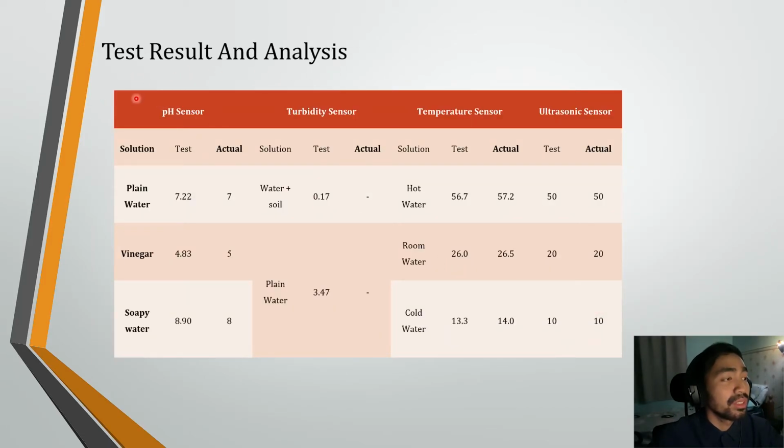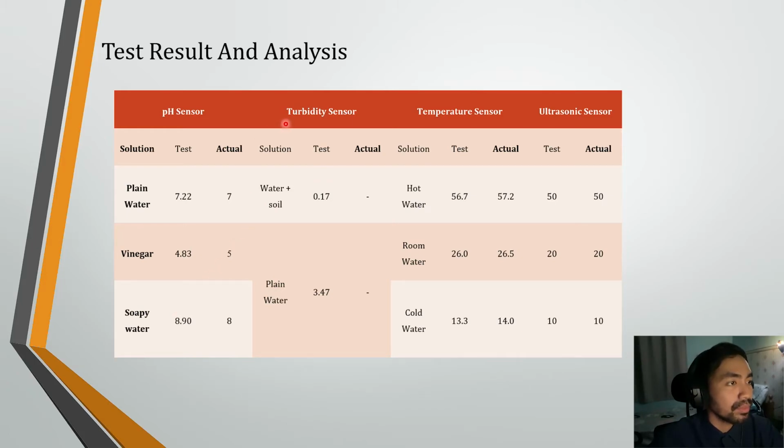Okay, test result analysis. For the pH sensor, like the previous slide, we see the actual is 7 for plain water, 5 for vinegar, and 8 for soapy water. My sensor gets an output of 7.22 for plain water, 4.83 for vinegar, and 8.90 for soapy water.